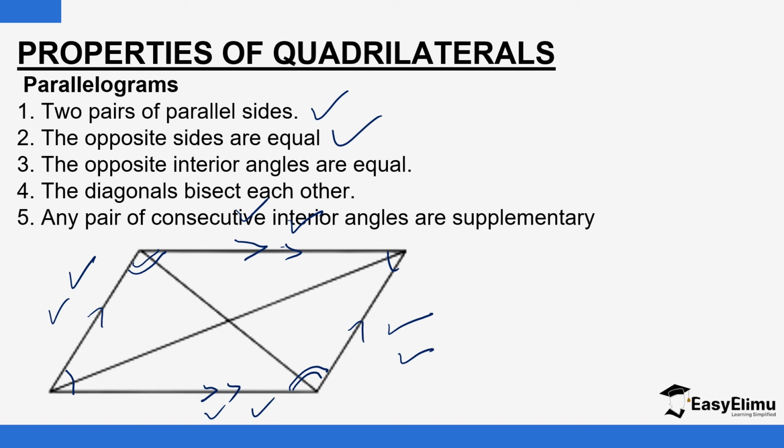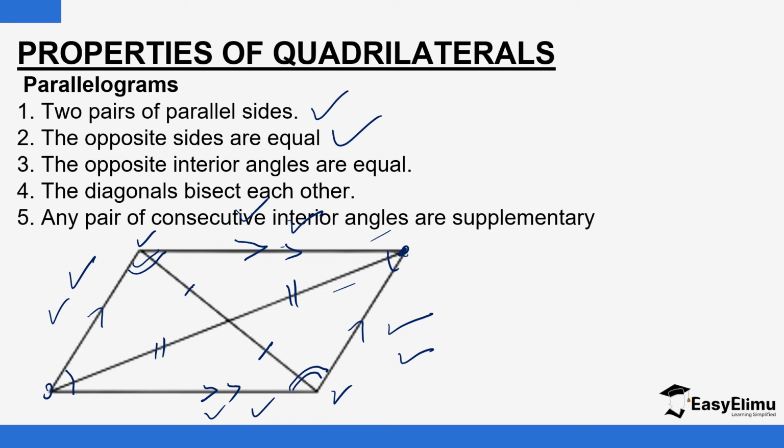And the diagonals are bisectors of each other. So this equals this, and this one here equals this one here. If you join this vertex to the opposite vertex, that's a diagonal. Again, this vertex to the other vertex, that is another diagonal. These diagonals are bisectors of each other.